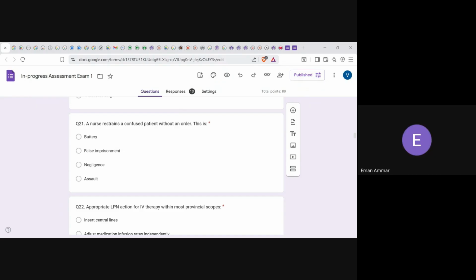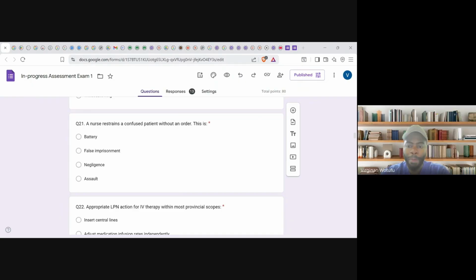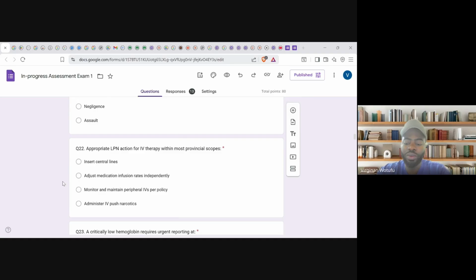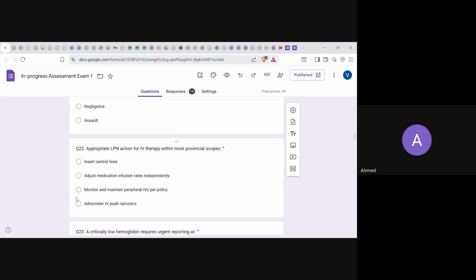I'm asking if we have any other questions during the assessment that we could not understand why the right answer was the right answer, or that need re-verification.